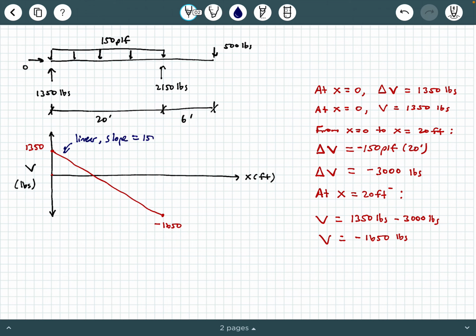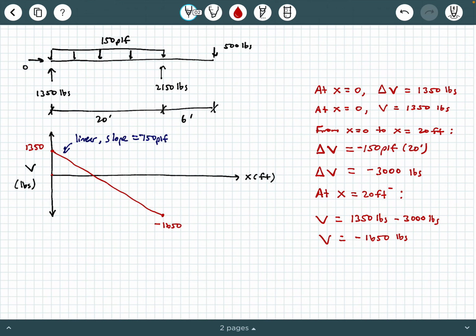The slope is 150 PLF. Well, negative technically, negative 150 PLF, so put a little negative sign there. So that means that the slope of this linear portion of the shear diagram is the intensity of the load. So we have now landed infinitesimally to the left of that point B, where BY is. We're just to the left of B, which is why I have the little superscript negative here.